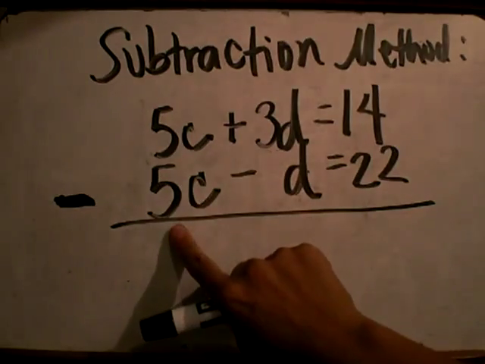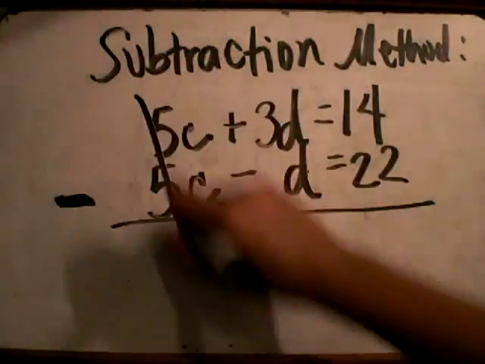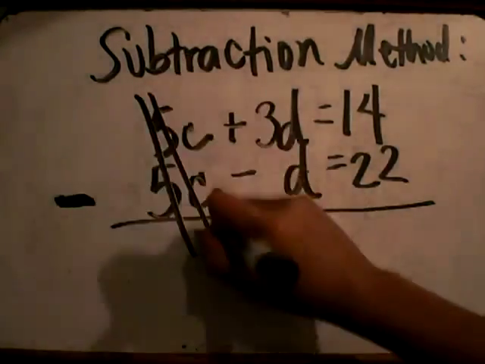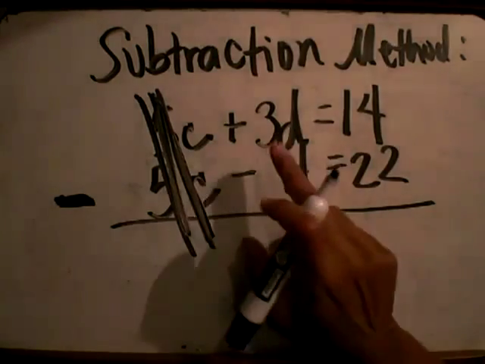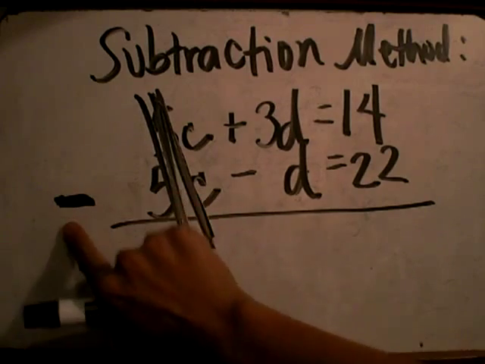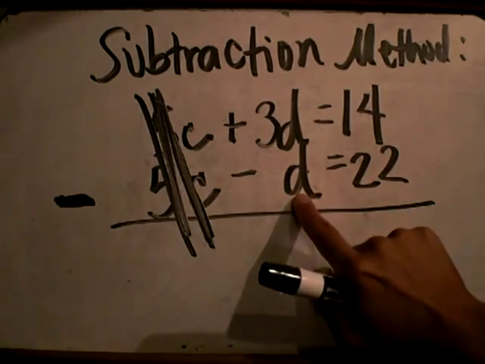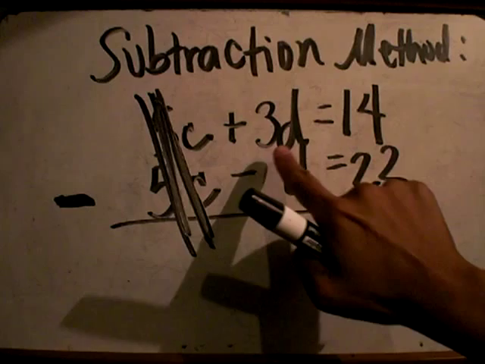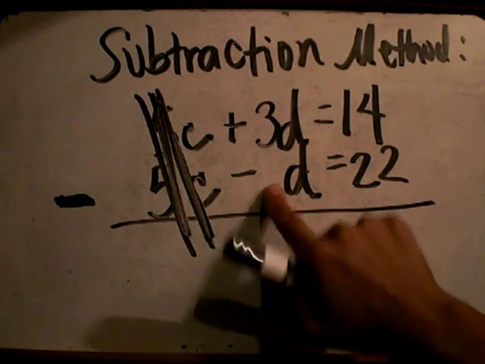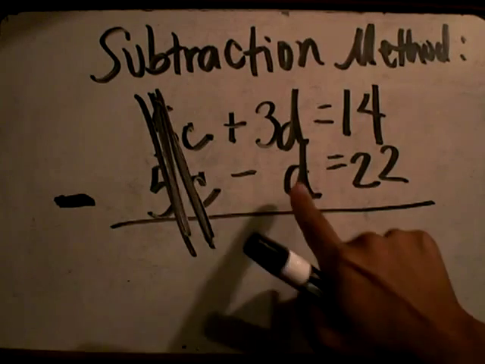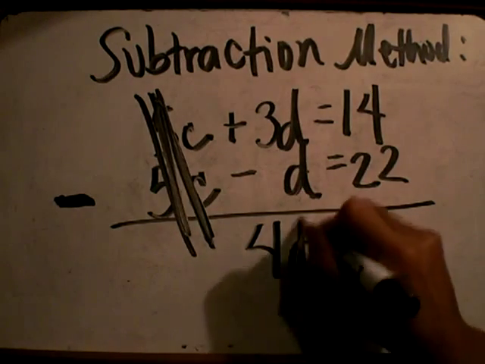So 5c minus 5c is 0, so we've just eliminated that. We don't have any c's anymore. But now we have 3d minus negative d. So 3d minus negative d becomes plus, so it becomes 3d plus d, which is 4d.